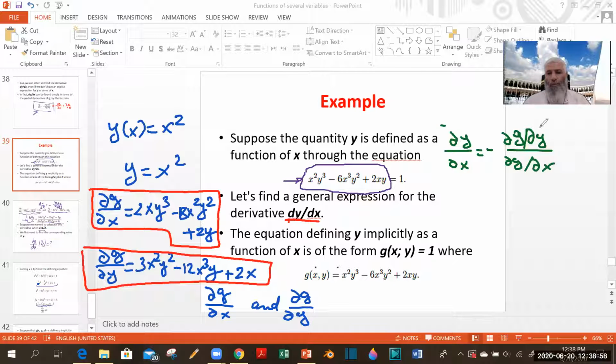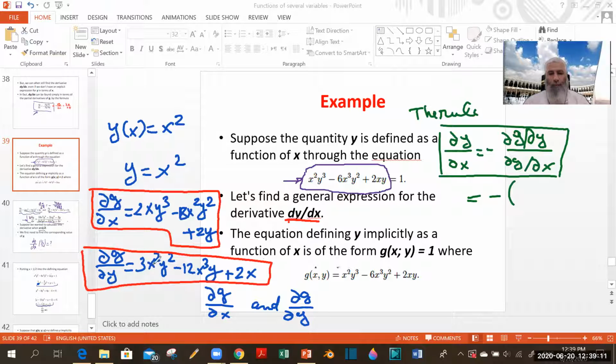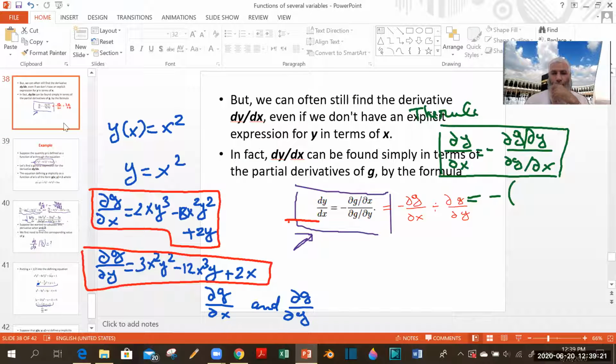This is the rule, right? No, this is not the rule. The rule is dg dx over dg dy. This is dg dx, yes.